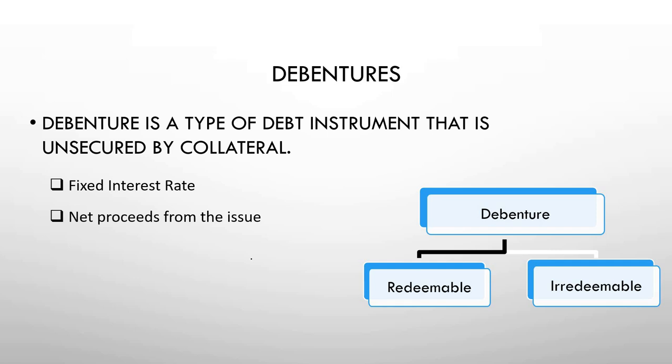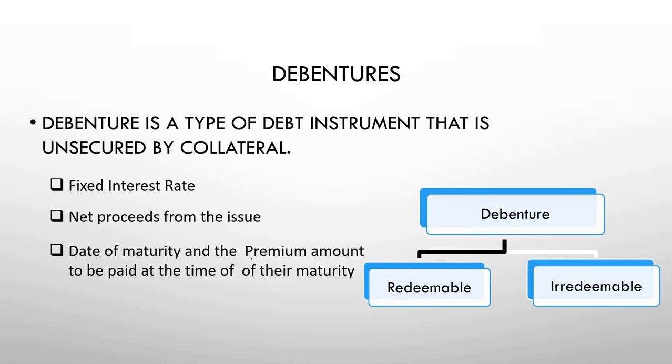So net proceeds from the issue means whatever amount we get from the investors while issuing the debenture, minus all the floatation costs that we pay for earning this amount.